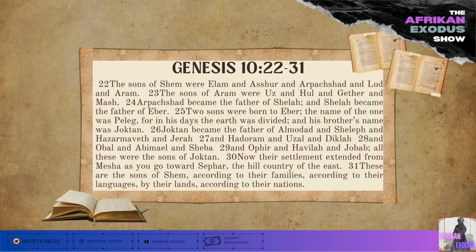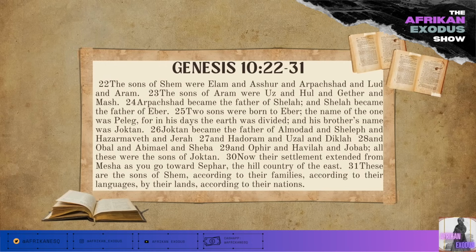Two sons were born to Eber. The name of the one was Peleg, for in his days the earth was divided, and his brother's name was Joktan. Joktan fathered Almodad, Sheleph, Hazarmaveth, Jerah, Hadoram, Uzal, Diklah, Obal, Abimael, Sheba, Ophir, Havilah, Jobab. All of these were the sons of Joktan.